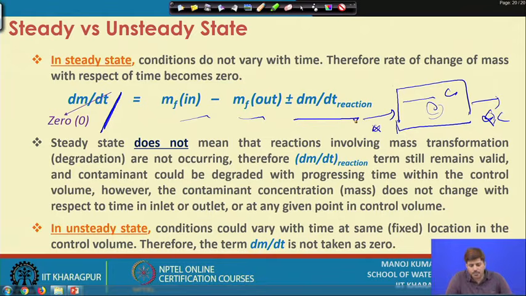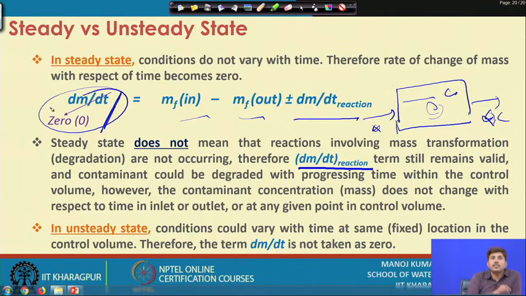That is practically possible. Steady state does not mean that reaction is not taking place; reaction is there and mass transformation or degradation is also occurring. So, dm/dt due to reaction is still a valid term, still taken into account. Only this accumulation term is considered 0.